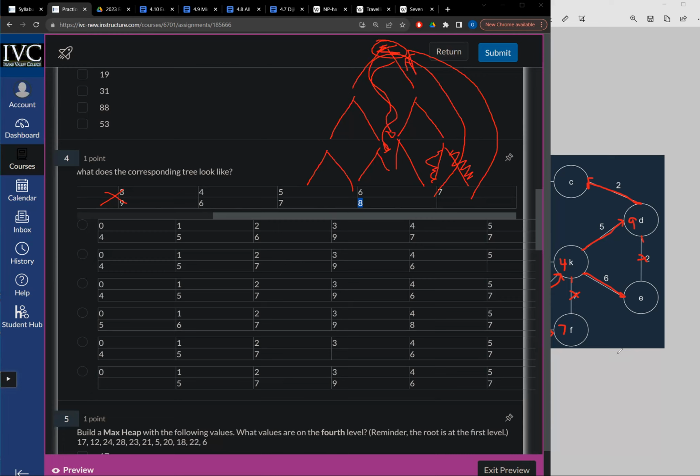Next question, difference between height and depth. So height is a tree characteristic, depth is a node characteristic. All right, so a node has a depth in the tree. All nodes at a given depth would constitute a level in that tree.